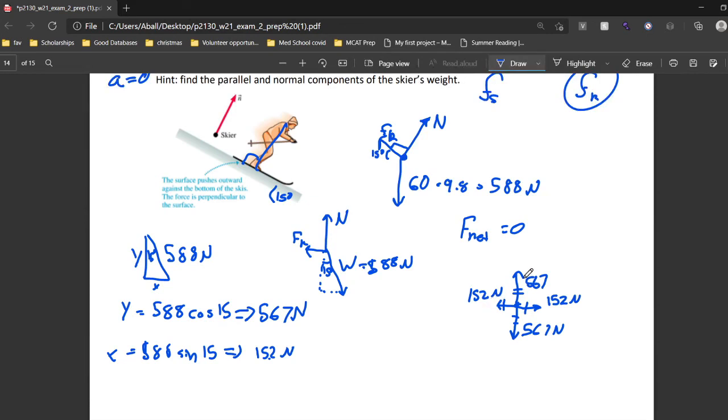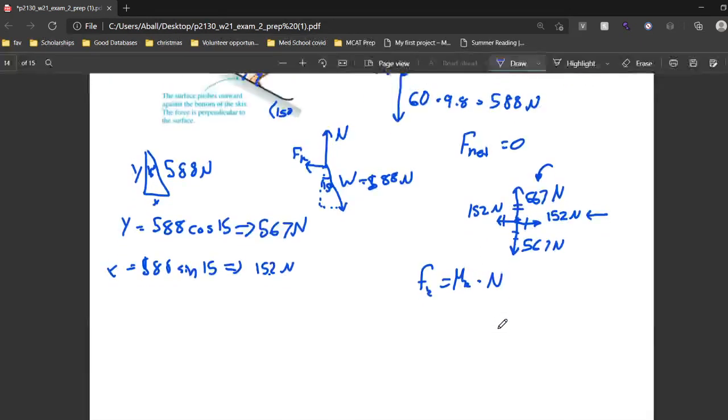So now we can plug this into the equation. The kinetic friction is equal to the kinetic frictional coefficient times the normal force. We know that the normal force is equal to 567 newtons. We know that the force of kinetic friction is 152 newtons because they cancel out, so therefore it's equal to 152 newtons.